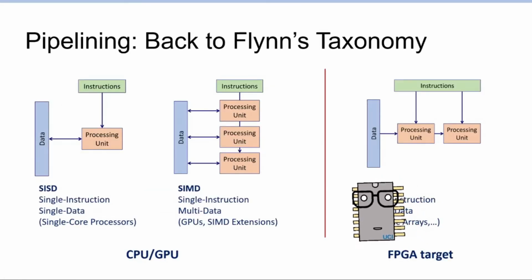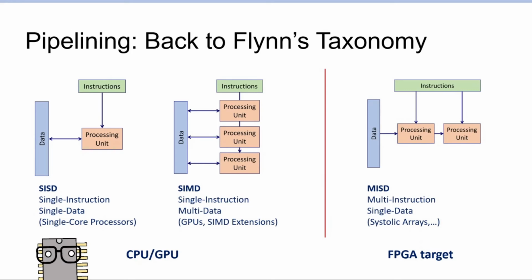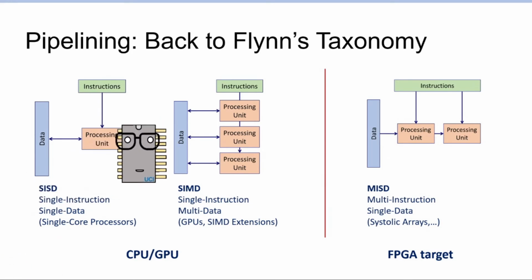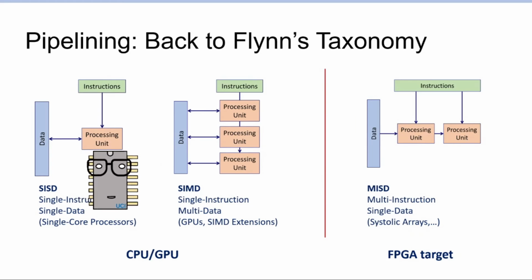So when we design for FPGAs, it's important to point out how the fundamental shape of the computation structures may be slightly different. Back to Flynn's taxonomy of describing parallelism, we talked about SISD, single instruction, single data. This is pretty much a single core processor looking at a bunch of instructions, looking at data. Or even in a multi-core processor, if each of the threads are doing completely separate work, each program would be doing SISD kind of work.